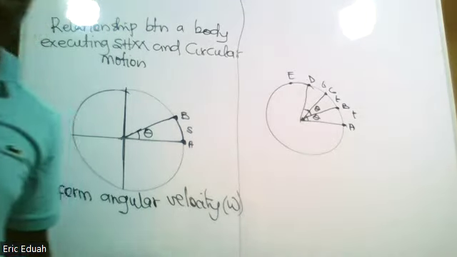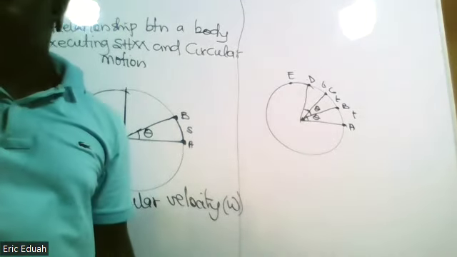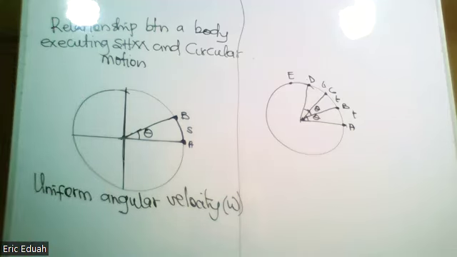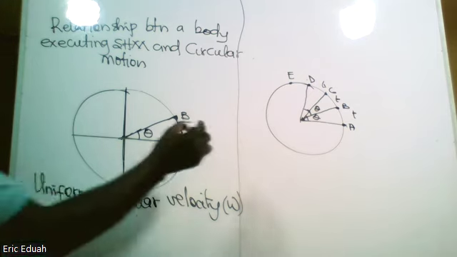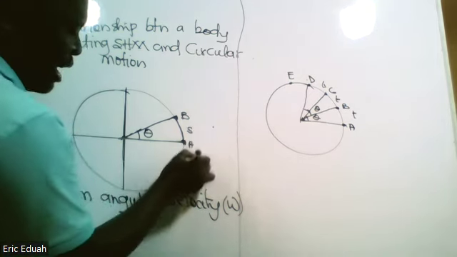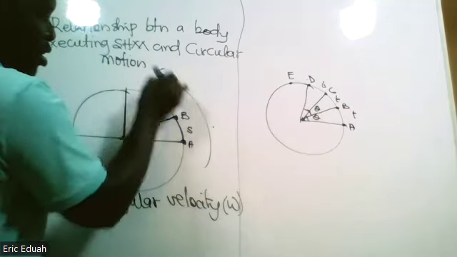Please, are you okay with that explanation? Hello, are we okay? Yes, sir. Okay, so we are looking at this body moving with a uniform angular velocity, omega.